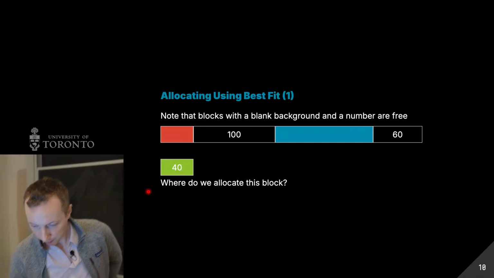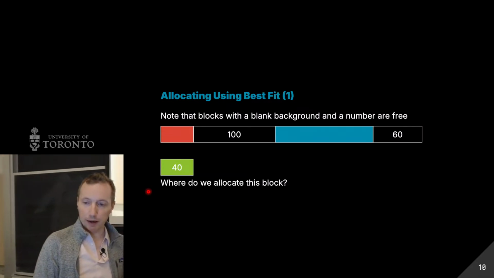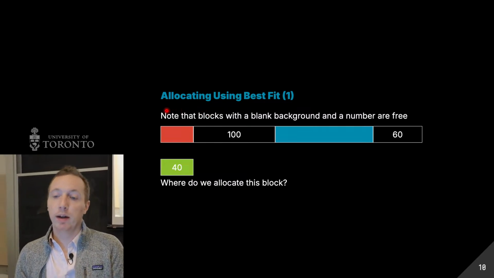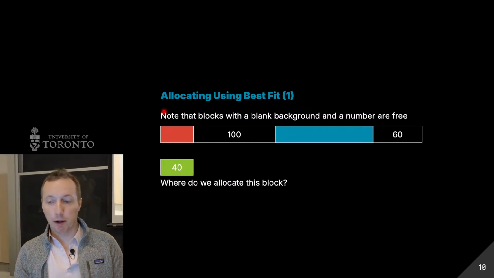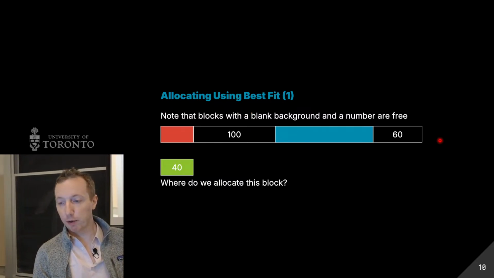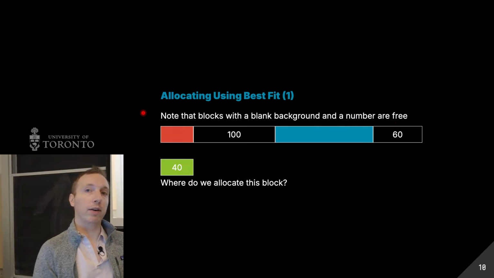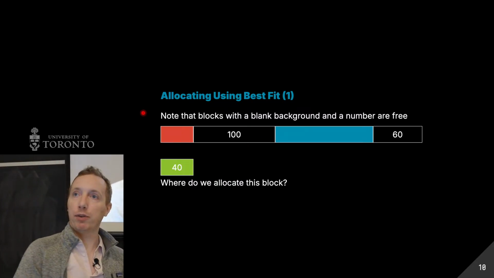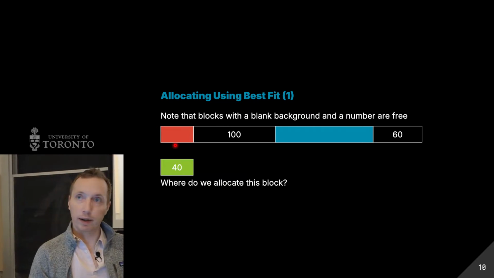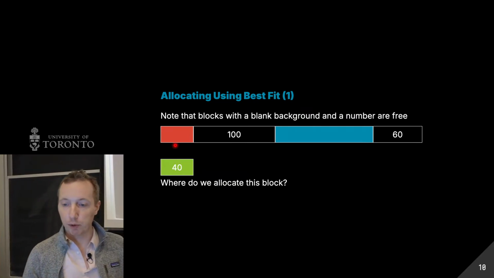So let's have a little example. If we choose the best fit strategy, and here blocks with the blank background are free, I assume that this whole line is all of the memory I am managing if I am malloc, and each colored block is an allocation, so I can't move it or do anything with it.